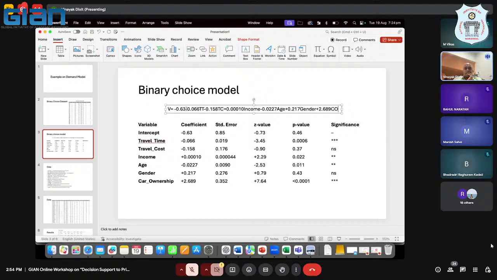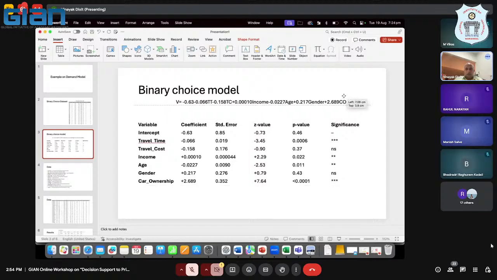This is my intercept. Given this utility, I can tell you what they would choose. It's a binary logit model, right?